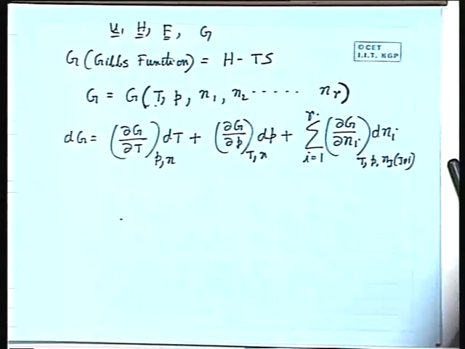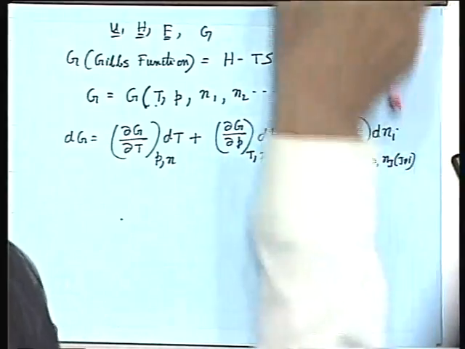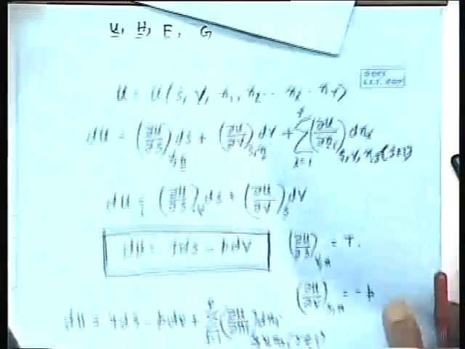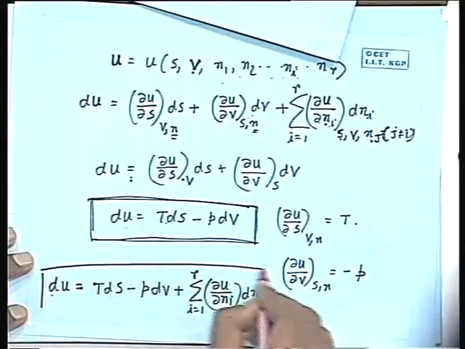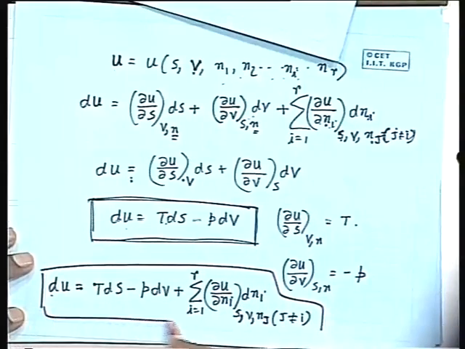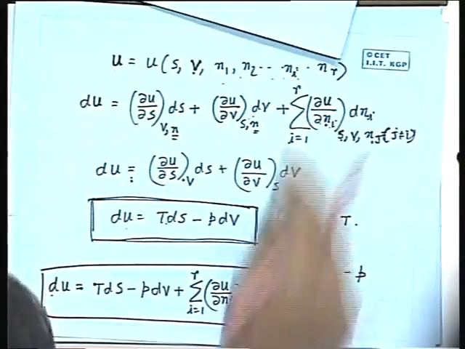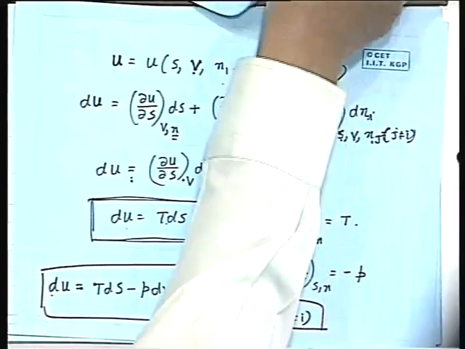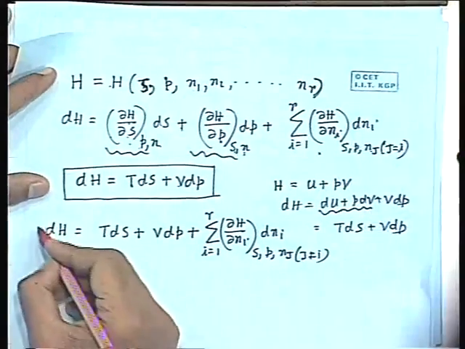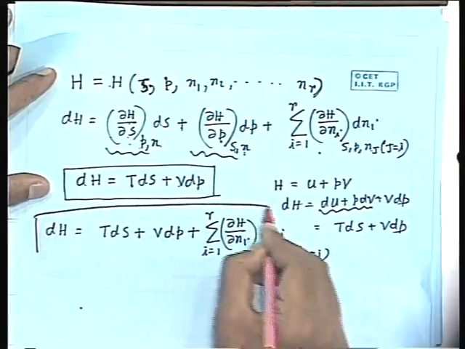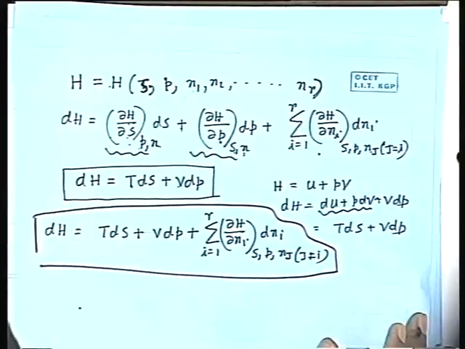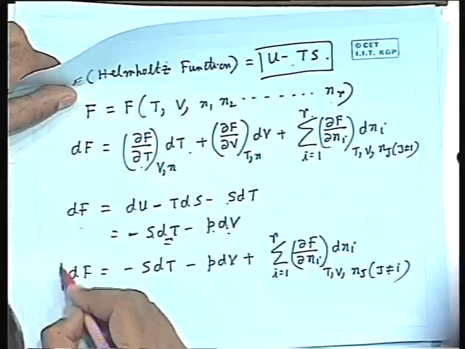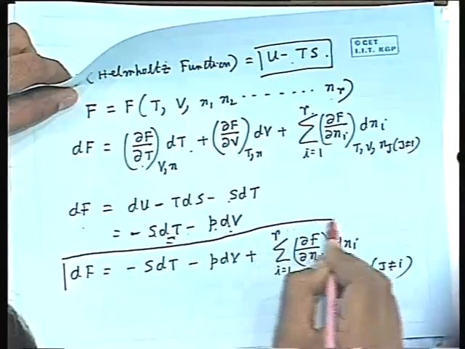Now we see that we have got the 4 equations one by one. For U, we get this equation. Then for H, we got these equations. For F, we got this equation.